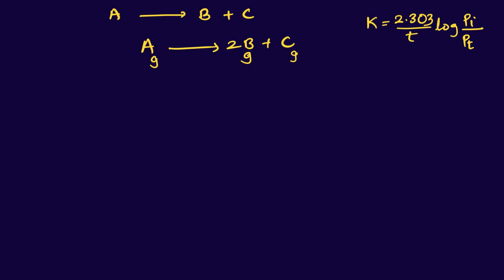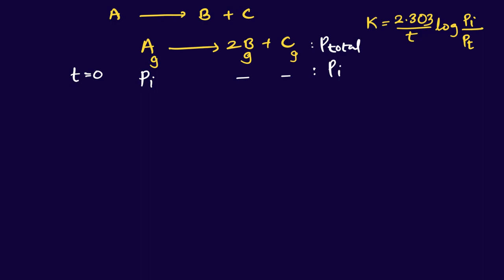So now at T equal to 0, this is called P initial, and this is dash, because the reaction has not started at all, therefore only gaseous A is present, B and C are absent. Now P total is how much here?